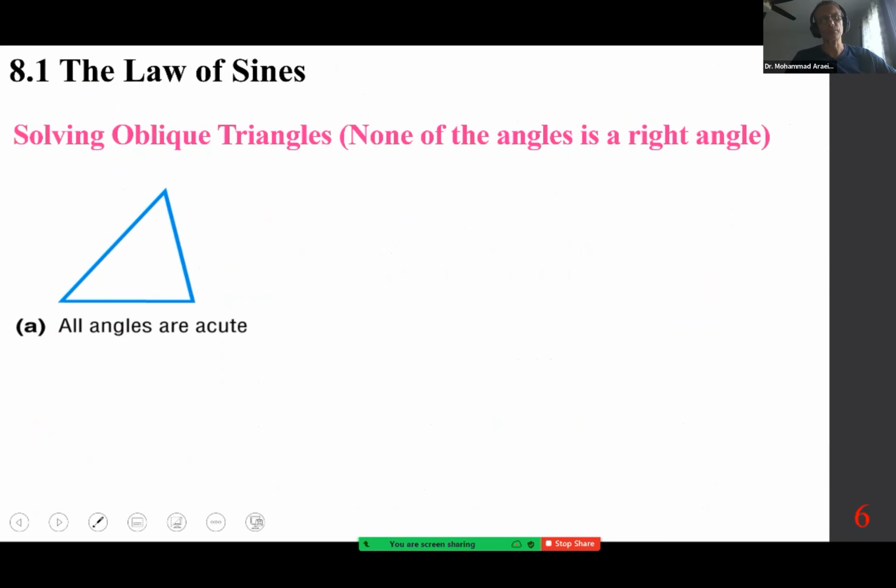Now we're going to look at the case where the triangles are oblique. In other words, none of the angles is a right angle, which means a 90-degree angle. So maybe all of them are acute, which means less than 90 degrees.